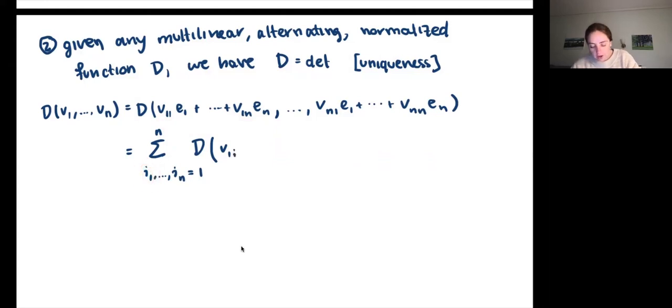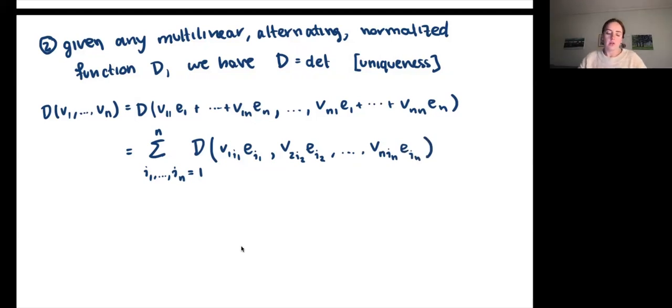So this is V1 I1 e I1. Let's write the second coordinate just to be super clear. In the second coordinate, I'll have V2 I2 e I2, and so on, V n I n e I n.